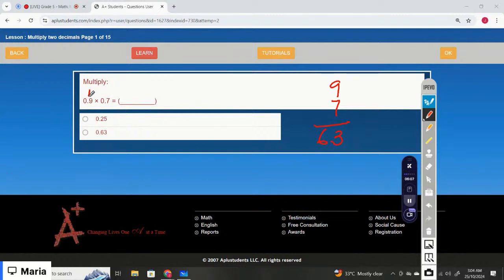So both the numbers have one and one decimal place. So answer must have two decimal places, right? So you need to move decimal point from here to here. So that would be 0.63. The correct option is 0.63, right? Option number 2 is the correct option. Got it?